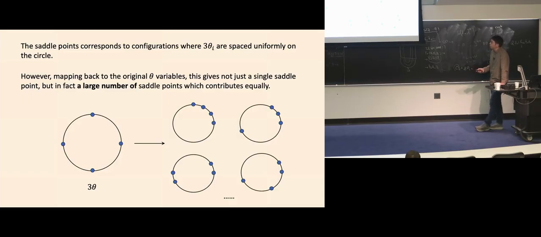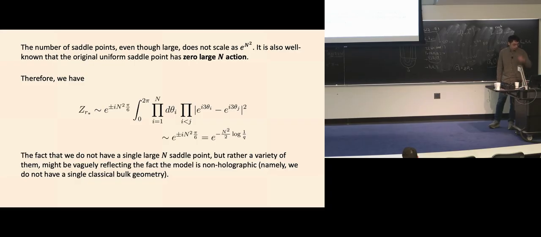Okay, but let me continue. Let's say you find some equilibrium configuration for these 3 thetas. Then you could, in principle, map it into various equilibrium configurations in the original theta variable on the sphere. Now, the number of such configurations, even though large, does not scale as e to the n squared, because for each theta you have these 3 choices, so it only scales as e to the n.